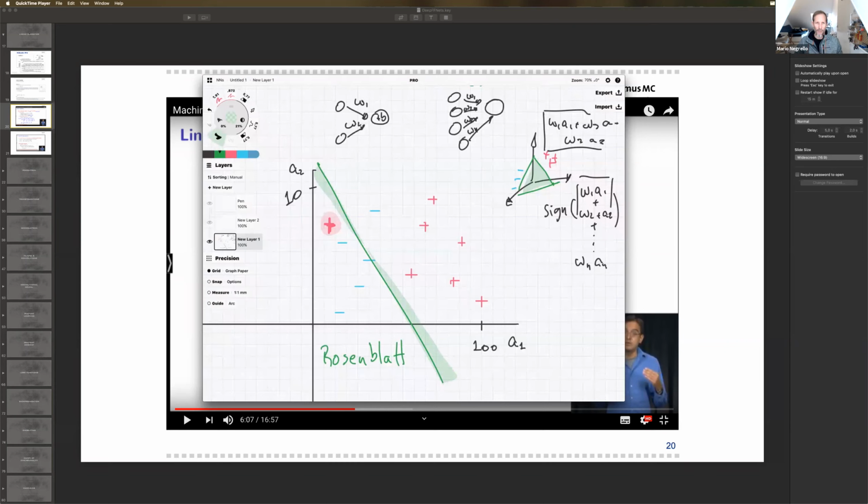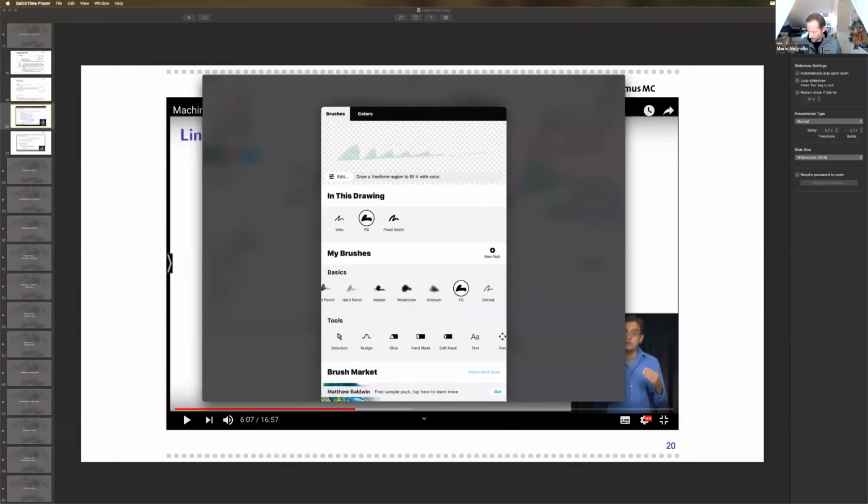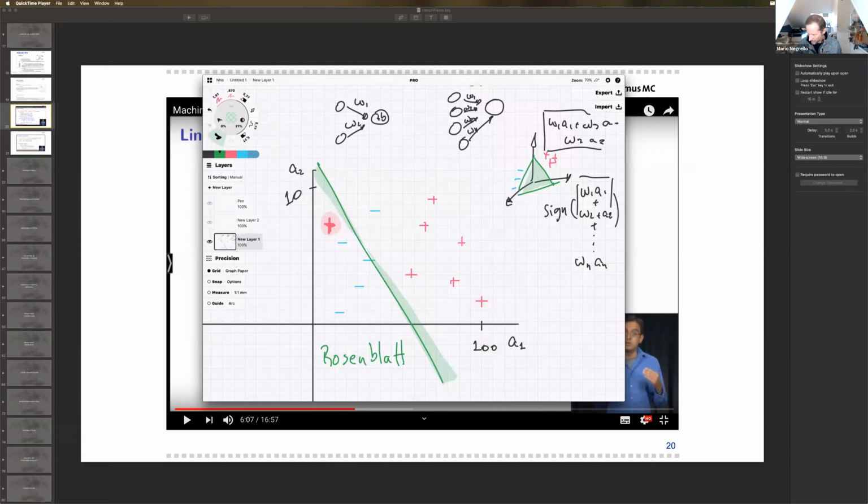So you do this systematically for every single new example. And so you present a guy, oh, this one actually was classified in the right place already, so we don't need to do anything.